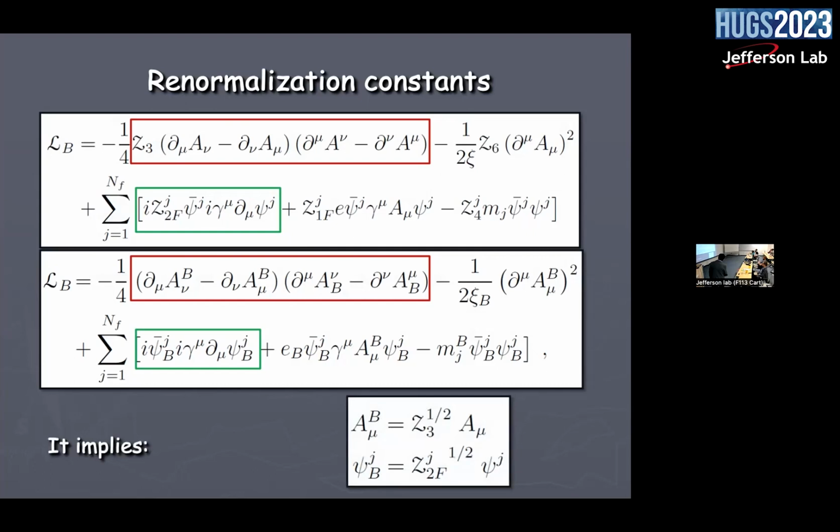So a square root of this I can absorb into the redefinition of this, and that will be called A mu B. And another square root which is left, I can put it here, and therefore I can say this A mu B is nothing but square root of Z3 times A mu. Okay? So Z3 is what renormalizes the photon field.